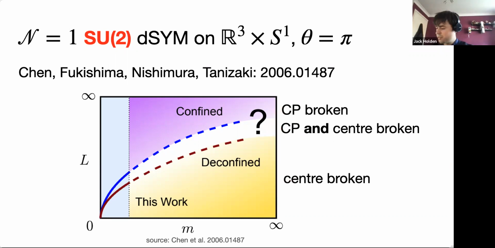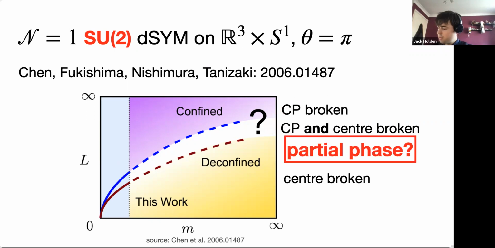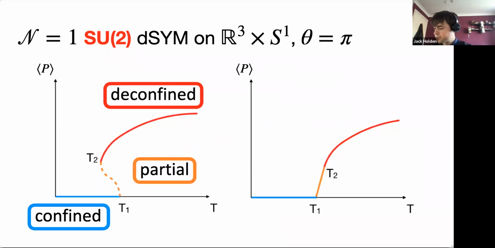And so our explanation for this mysterious phase would be that it's the partial phase or related to the partial phase, and that the reason why this SU(2) case was different from the other SU(N) cases is simply because in the SU(2) case, the partial saddle is stable, whereas in the other cases, the partial saddle was unstable.